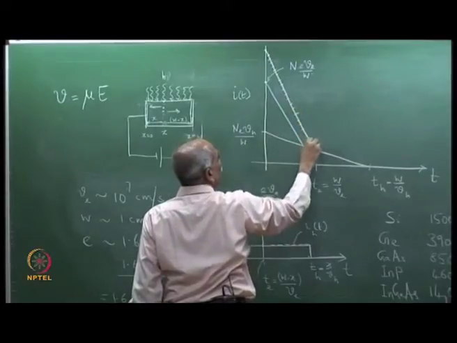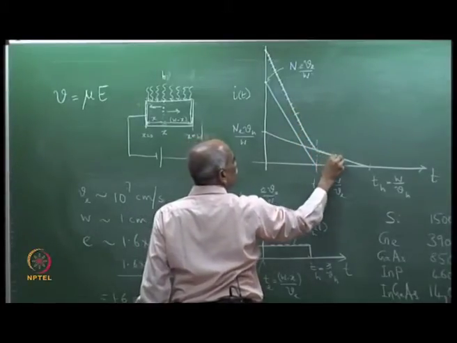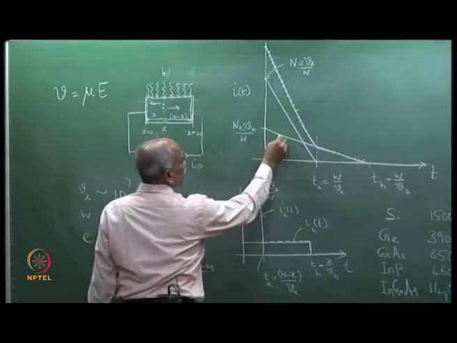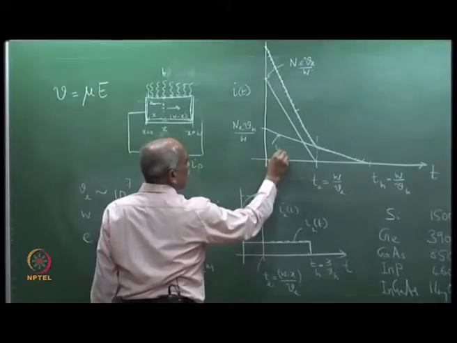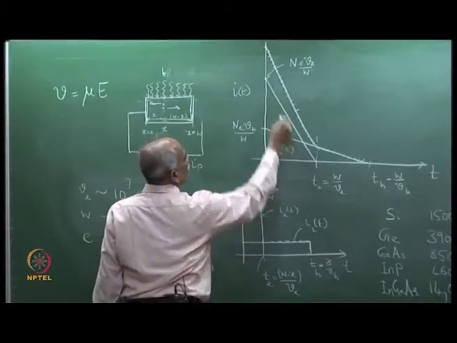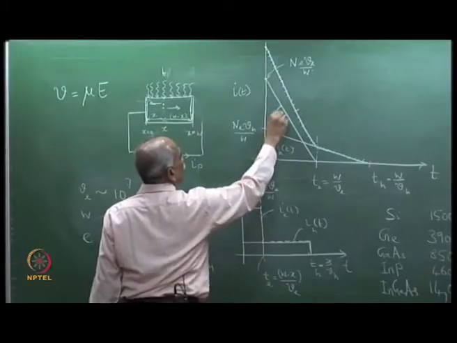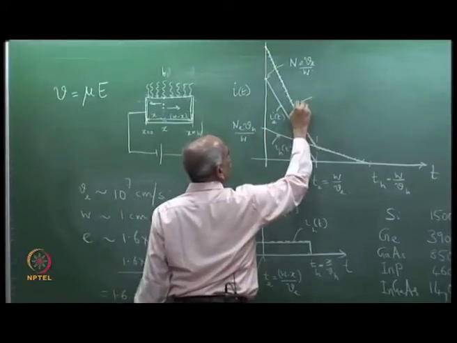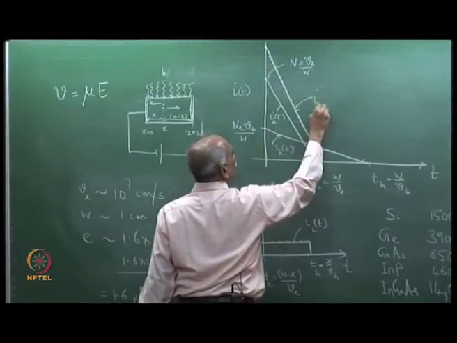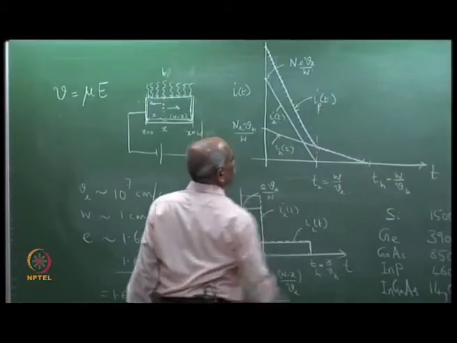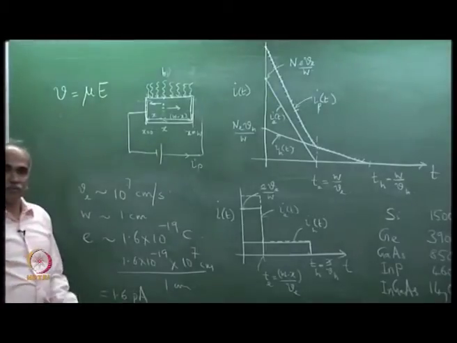This is the total current. So, what are the things I have plotted? I have plotted I_H of t, I_E of t, and this is I total, which is the photocurrent, I_P of t, which is equal to the sum of the two.